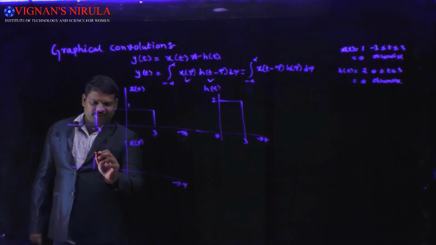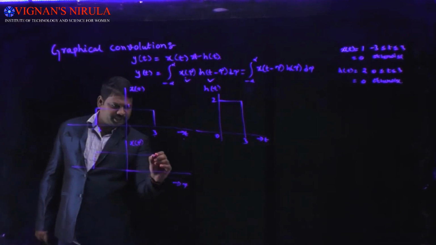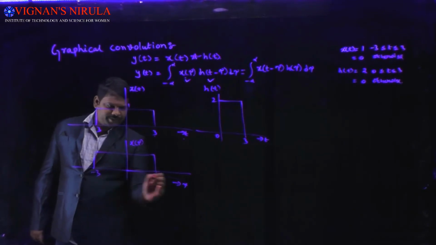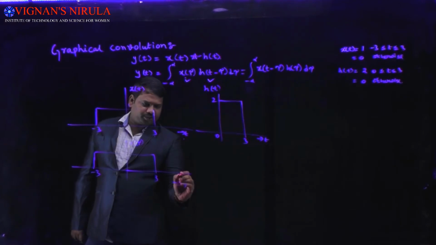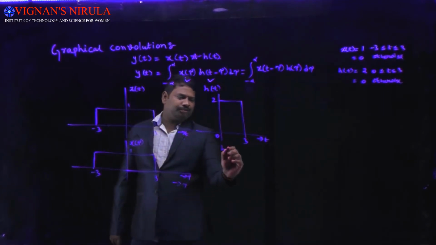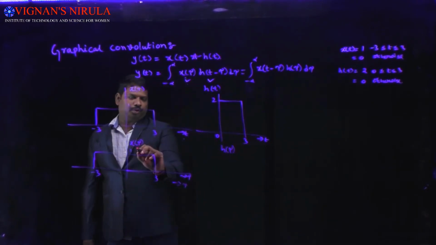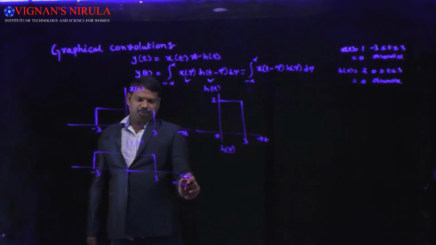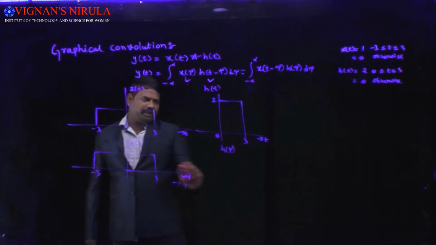Therefore, the graph appears like this: from minus 3 to plus 3, we have the amplitude as 1, which varies with respect to tau.